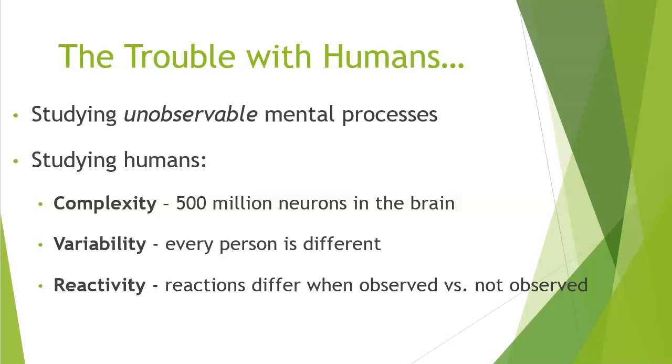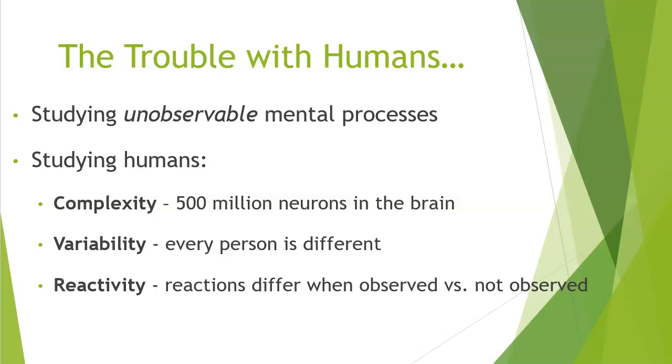You can't see inside their head and see exactly how things are working and how someone gets from A to Z. They could go through the alphabet in order, they could be skipping, you don't know. So when you're studying humans, you have to take into account a few things. You have to take into account complexity. We actually have over 500 million neurons in the brain alone. So there's a lot of things happening, a lot of different connections.